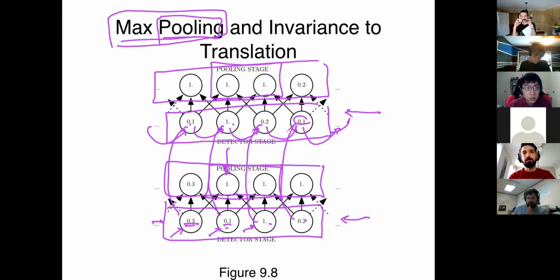And this gives rise to the property that, for example, it shouldn't matter whether in your image the cat is here or here, to the left or to the right, you should identify this as a cat. Or when you have a face, it shouldn't matter exactly where the eyes are located, right?